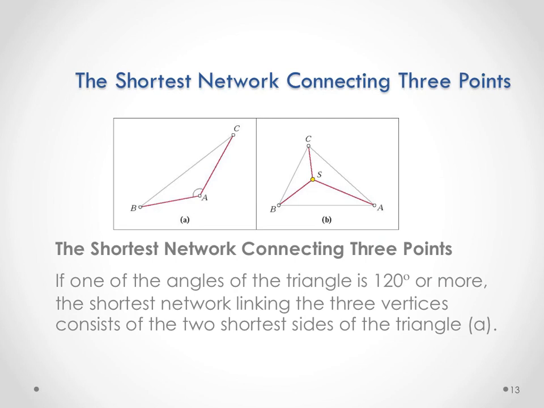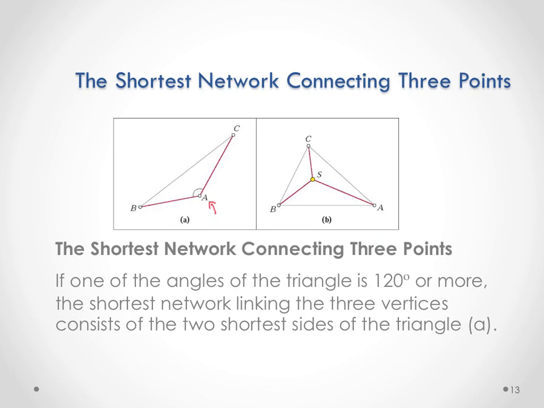Because the Steiner point exists on 3 equal angles, all of which are 120 degrees, if your triangle has an obtuse angle, meaning that it's greater than 90 degrees, then the angle, which in figure A is the obtuse angle, causes the center point of the triangle to actually be a little off.